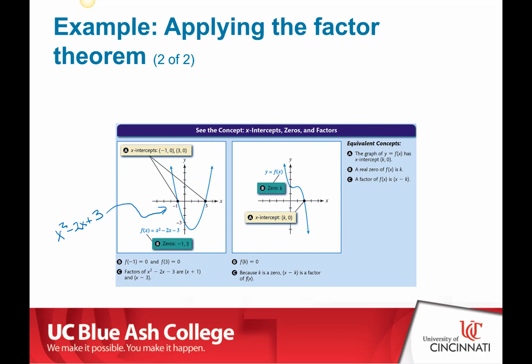Now the factors, or let's first go with the zeros. The zeros are going to be where the function intersects the x-axis, because when it intersects the x-axis, the y value is 0. Okay? So you're going to have a 0 here at negative 1, and you're going to have a 0 here at positive 3. Okay, you get 2 zeros.